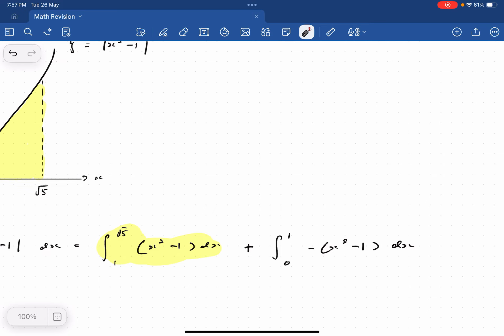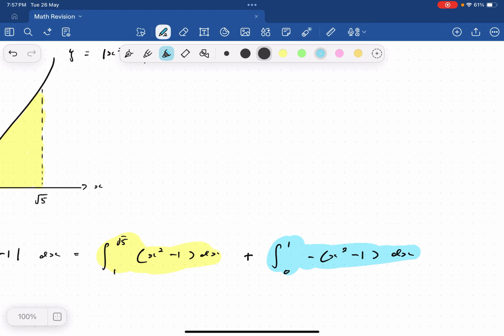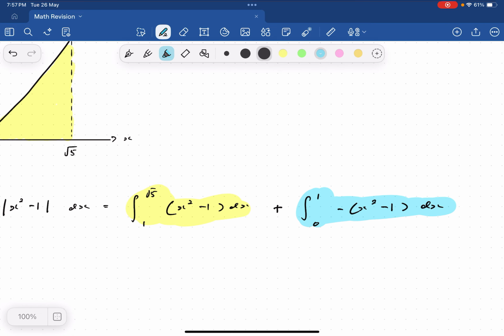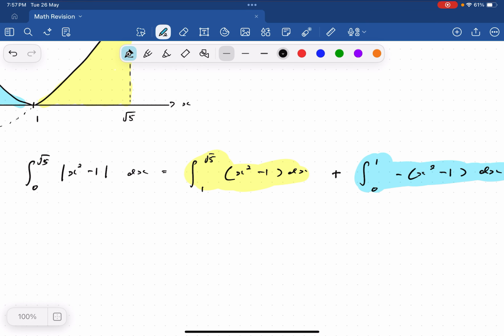So that's why when I'm integrating from 1 to 0, I need to add a negative sign in front. So this is my blue shaded area. 所以这黄色的跟这蓝色的总共就是整个 shaded area.